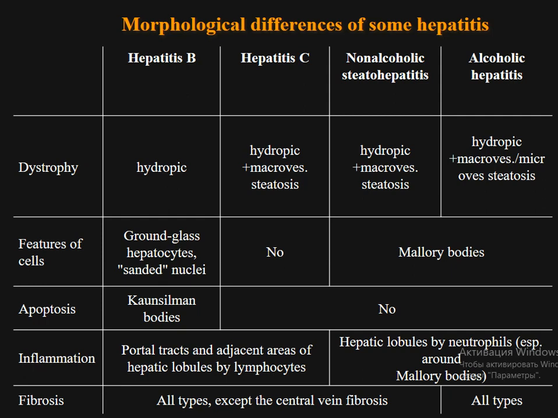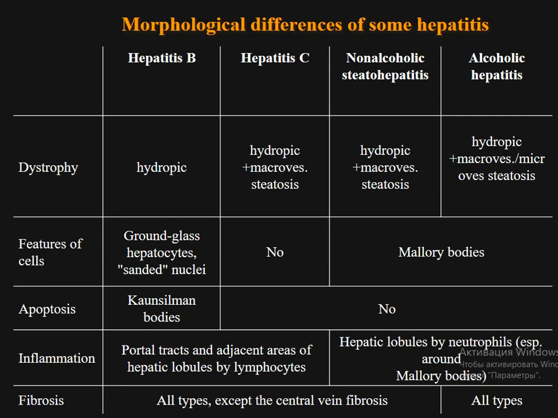So we will see enlargement of cells, we will see polymorphism of cells. They look like ground glass hepatocytes and they have sanded nuclei. Sanded, it means that chromatin in the nucleus is distributed in small pieces.